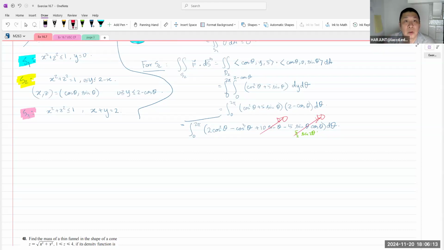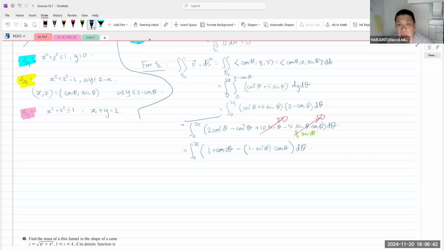Okay, now then the first term of the integrand will give us 1 plus cosine 2 theta, right? That's for the first integrand. And then the second term, I will make it 1 minus sine squared theta cosine theta d theta, like this.